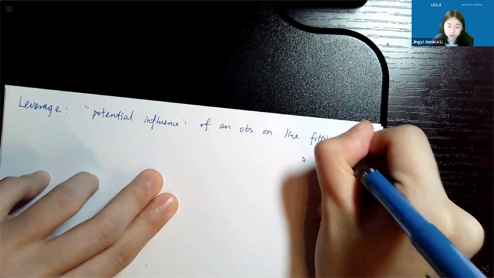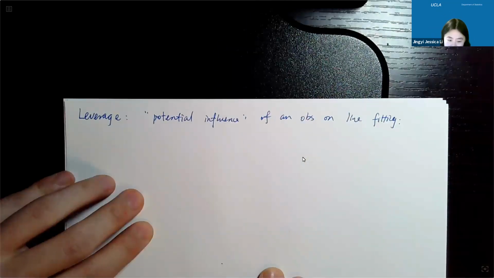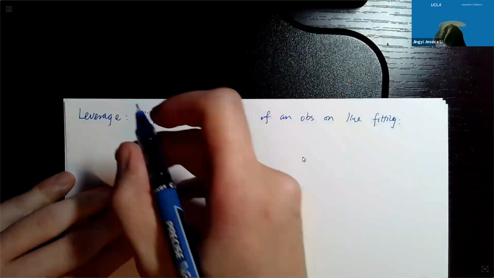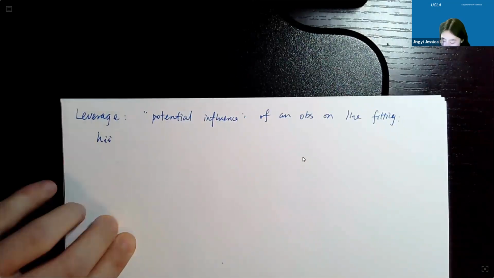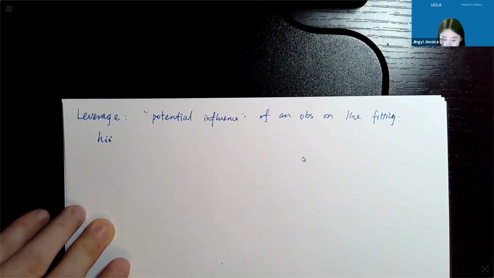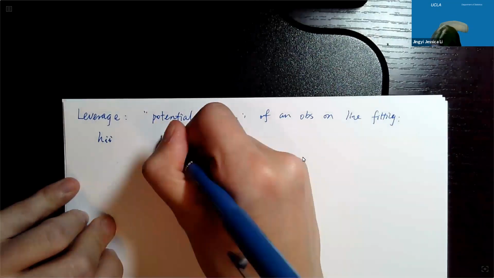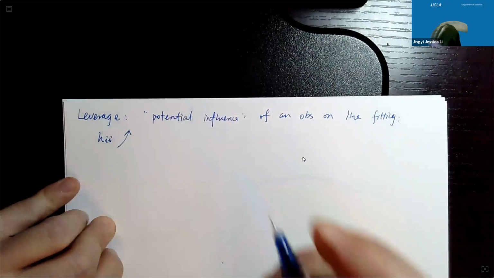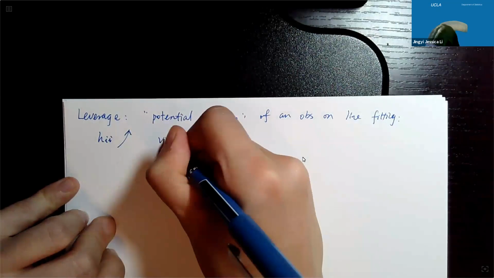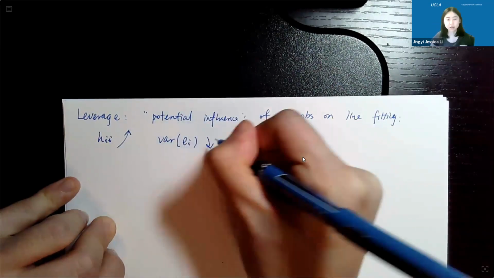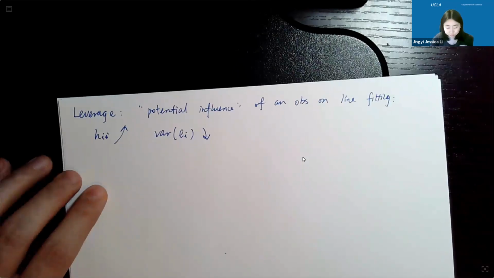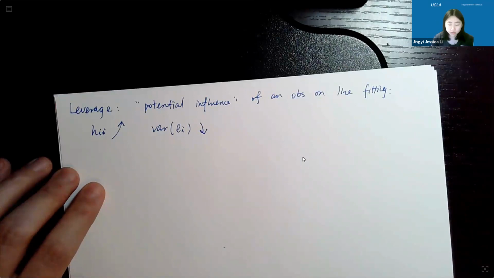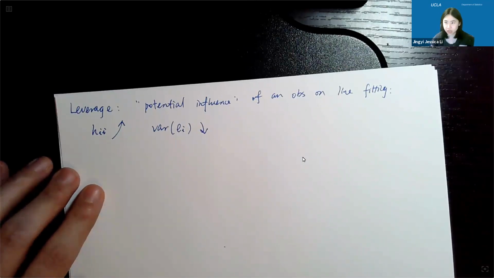So from our residual variance, we already see that this is just H_ii. So the larger the H_ii, the smaller the variance, right? So we know that if H_ii goes up, then the variance of residual i will go down. So we know that H_ii has a potential influence on the line fitting. And so basically we need to be quite cautious on those data points.